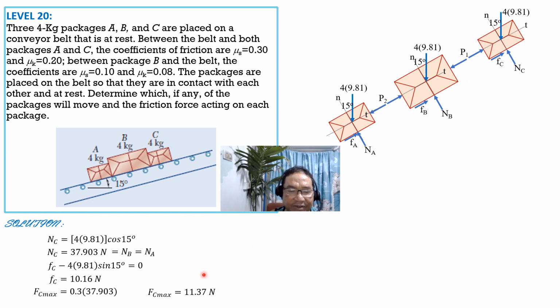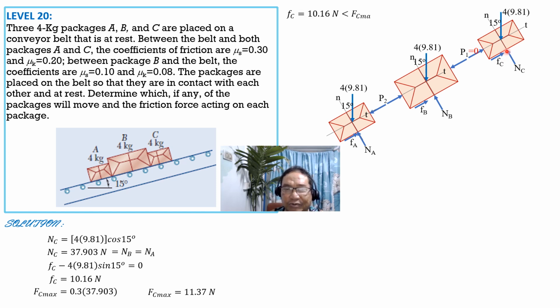The maximum frictional resistance is higher, 11.37 newtons. Resistance to motion of this package C here, resistance to slipping or sliding. Therefore, the package C is in equilibrium because F sub C, which is 10.16 newtons, is less than 11.37 newtons.